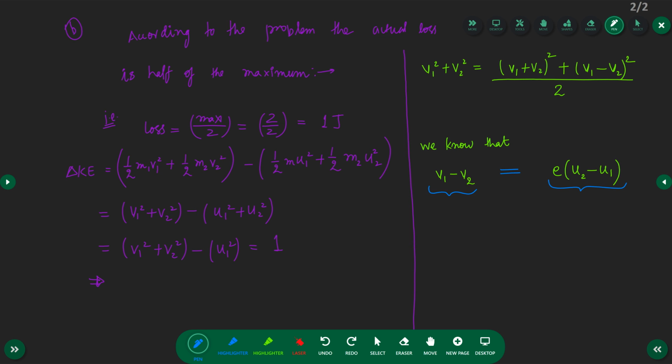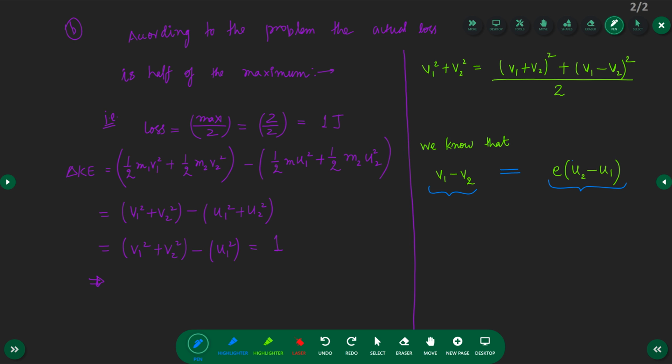But for this problem, U2 is 0, right? The initial velocity of the second block was 0 because that was at rest, correct? And U1 was given how much in this problem? 2 meter per second, and U2 was 0.